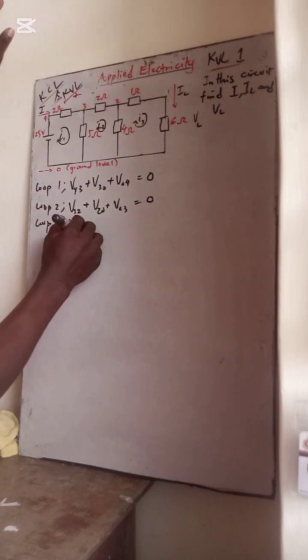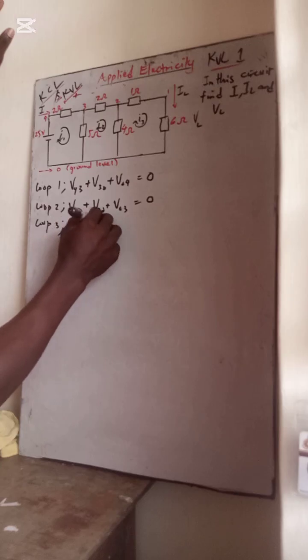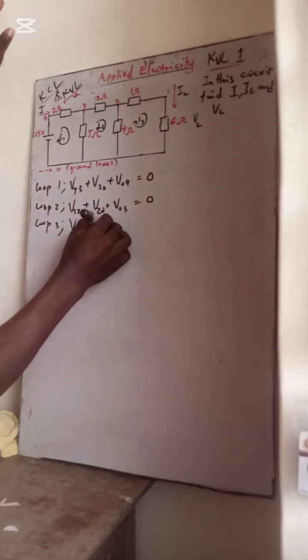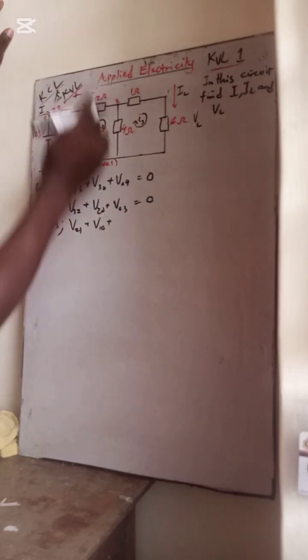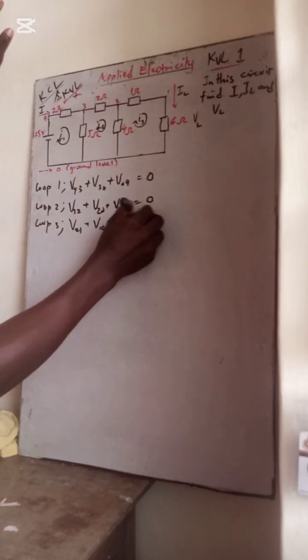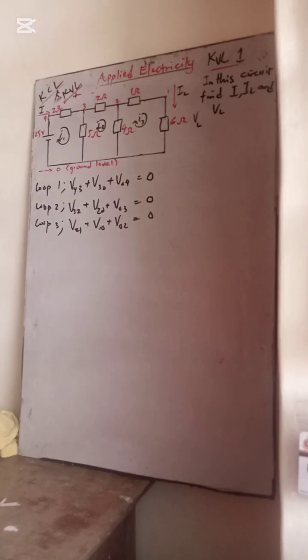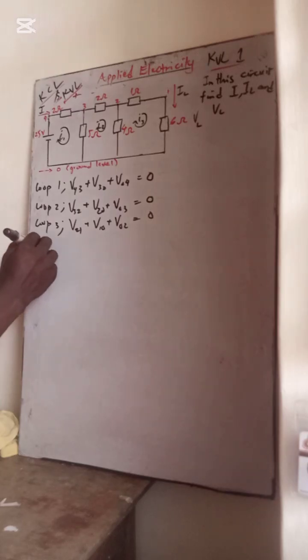So V21 plus V10 plus, there's nothing here, plus V02 also is equal to 0. Now we start bringing out the voltage. The ones that don't have a voltage, we use IR. So let's get started.